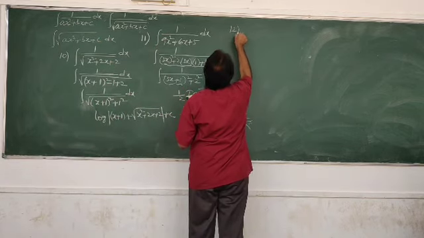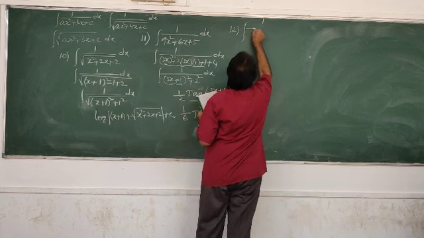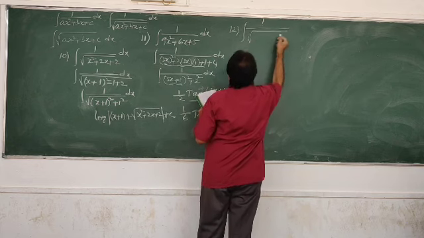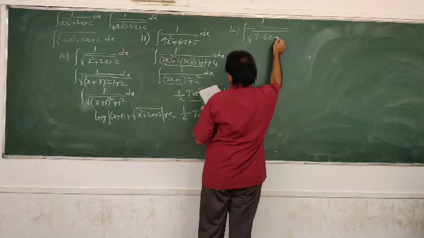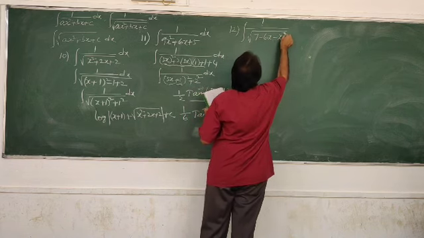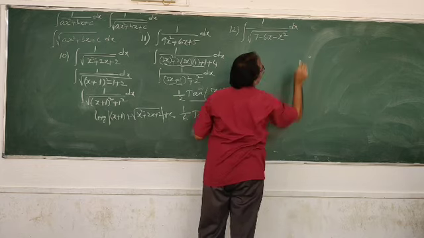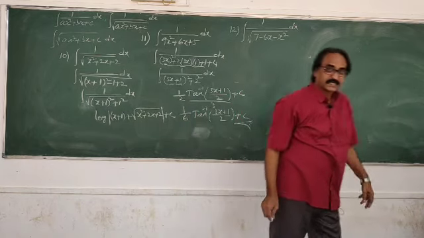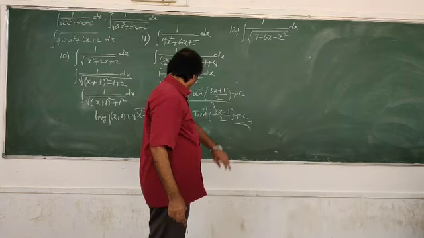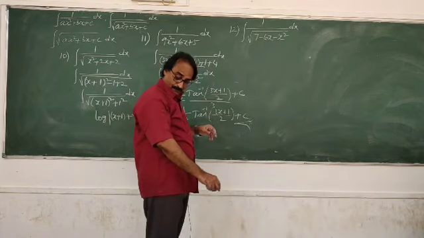See, my dear student, in this integral, 1 by root of 7 minus 6x minus x square dx. Yes, this is the problem given. 7 minus x square minus 6x is given.